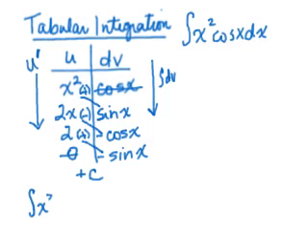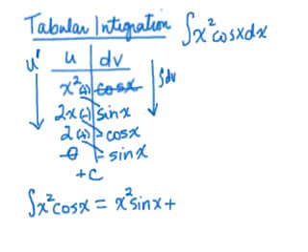So, antiderivative of x squared cosine x. So, we're going to multiply the x squared times the sine. So, x squared sine x. And then we're going to subtract the negative 2x cosine x. So that means we're going to add. And then we're going to subtract 2 times sine x.